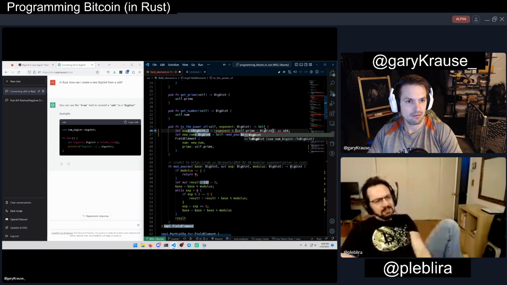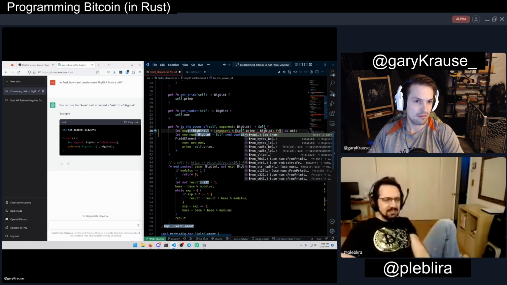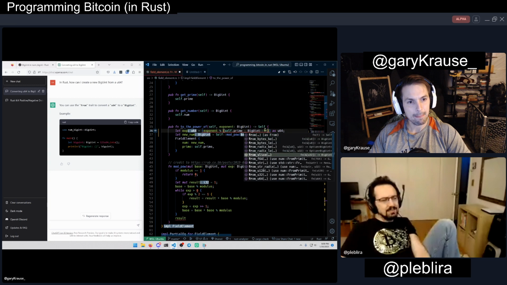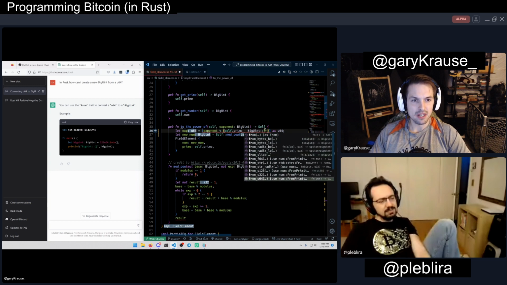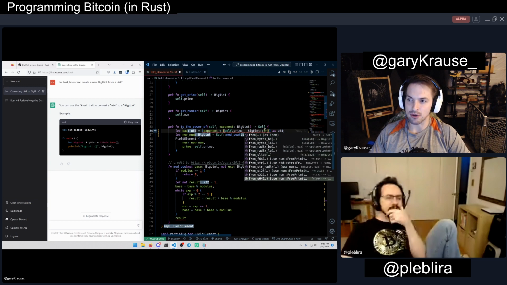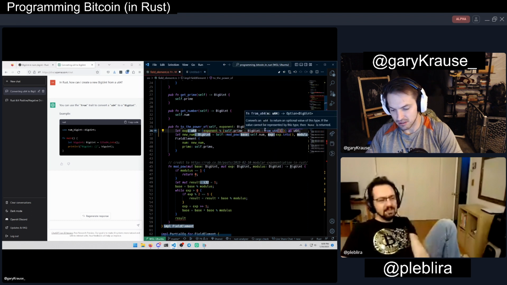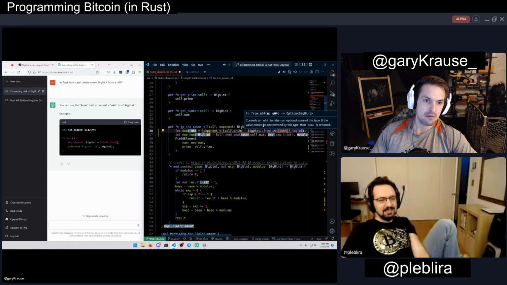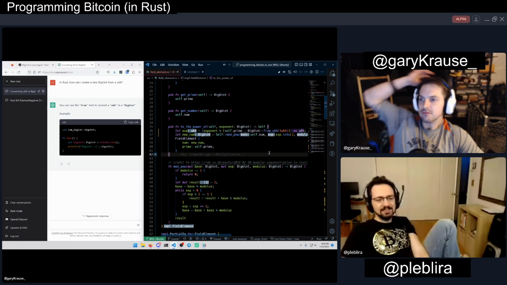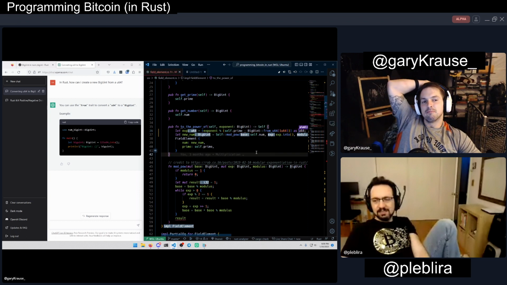Is it because you're doing as U64 after? It's because it can't infer the type. But isn't it because it's casting as unsigned 64 here? Right where I am here.